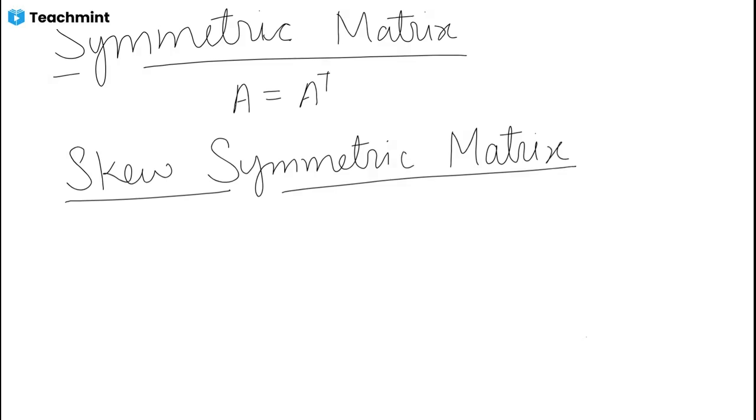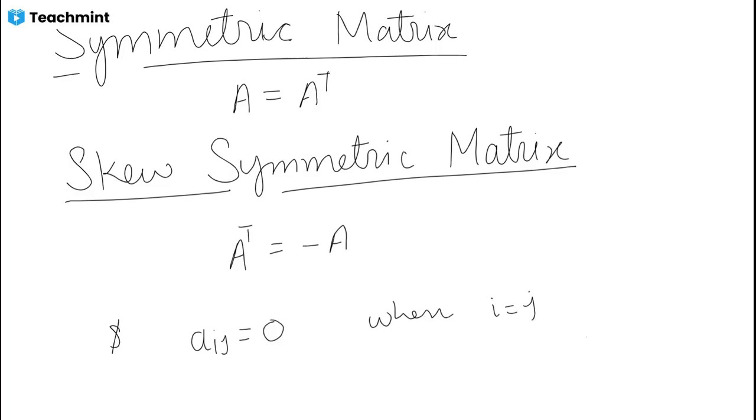When we have A transpose equal to minus A, and also all elements of the diagonal are 0. That is, all Aij are 0 when i is equal to j.